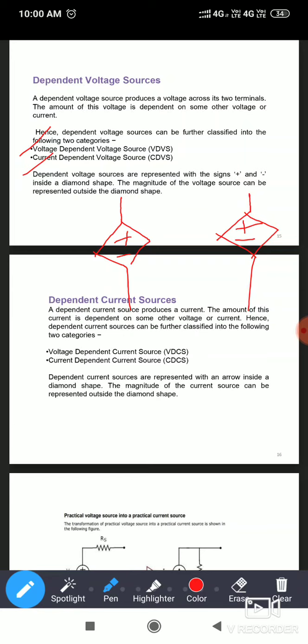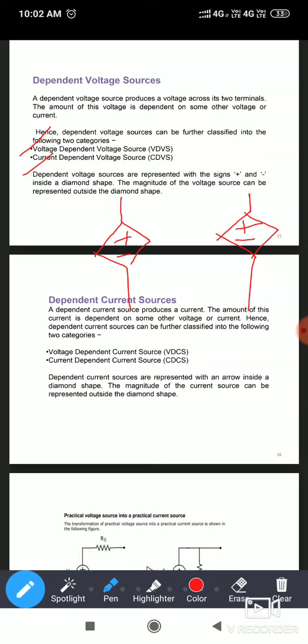If it depends on the current value, then we can call it a current dependent voltage source. Do you understand? So now these two are the voltage sources.